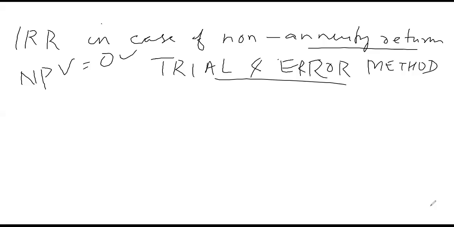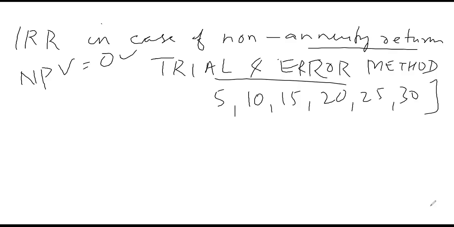What you do is assume any percentage of your choice, say 5%, 10%, 15%, 20%, 25%, 30%, usually this or something in between. You can take any percentage of your choice and find the NPV.